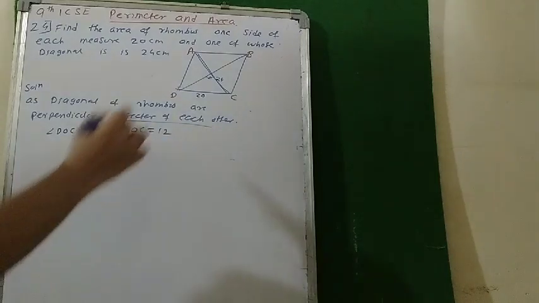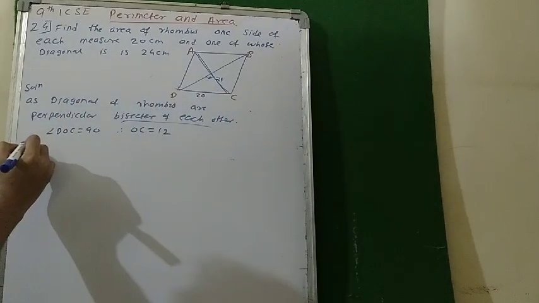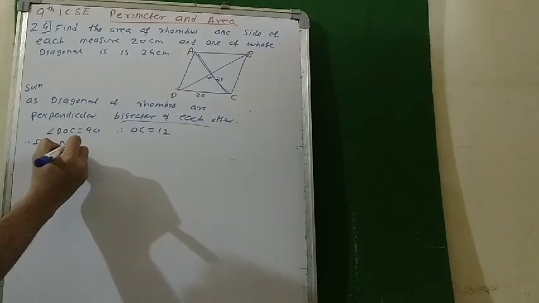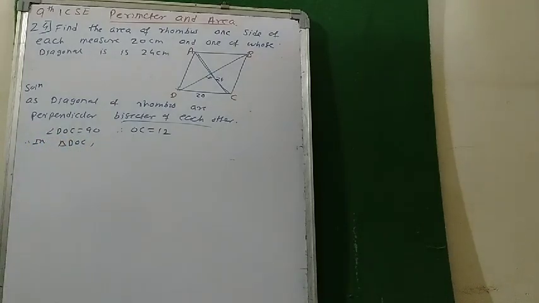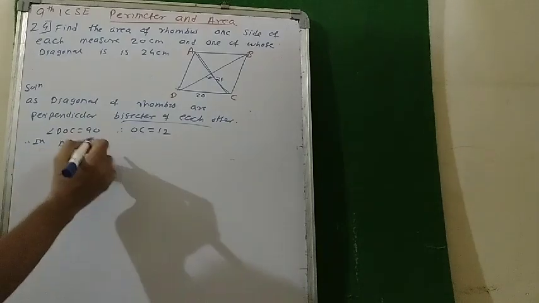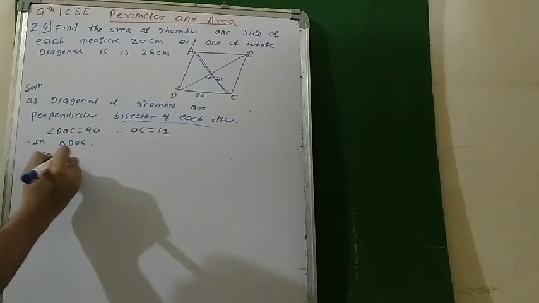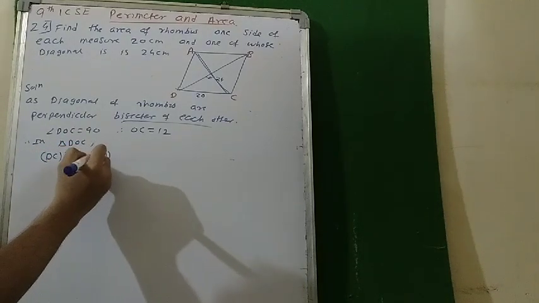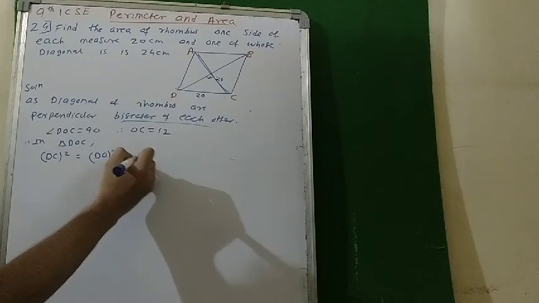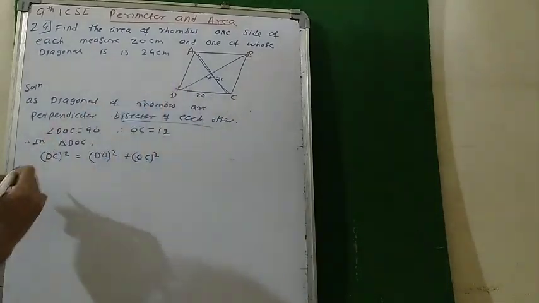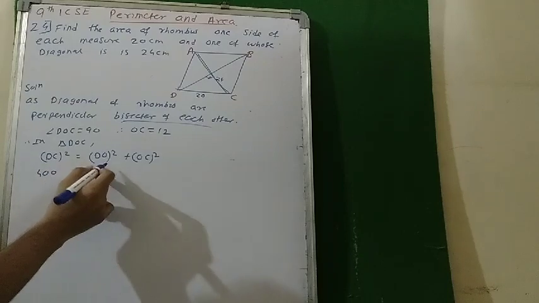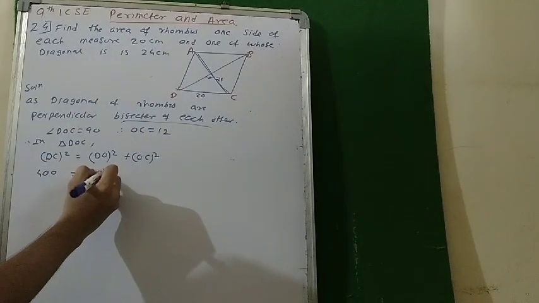Okay, so in triangle DOC, by Pythagoras theorem we can say that DC square is equal to DO square plus OC square. DC is 20, 20 square is 400. DO, we don't know DO.